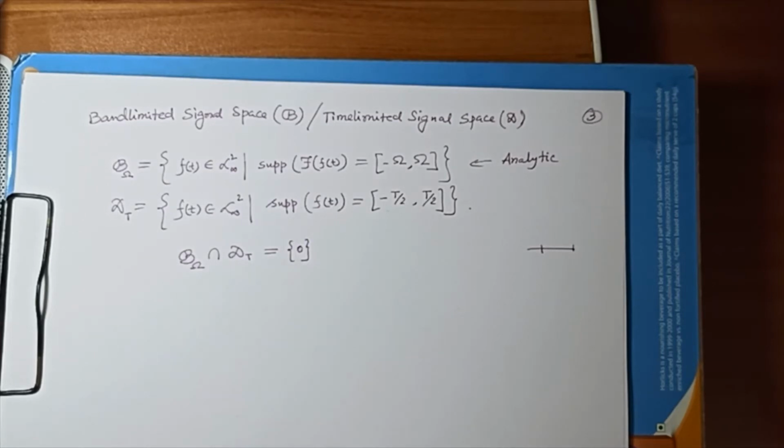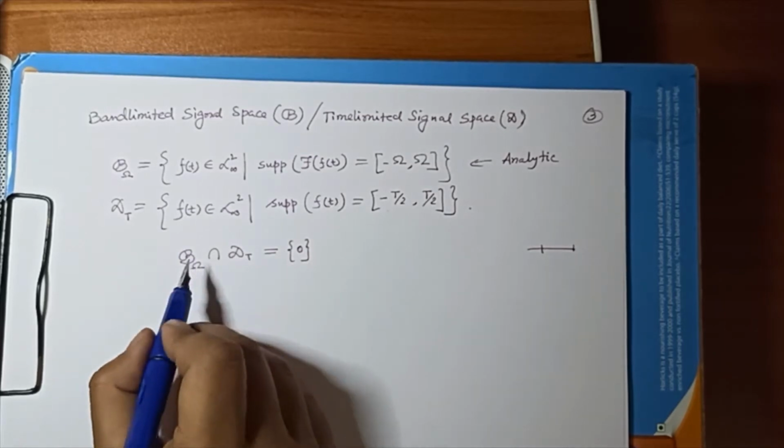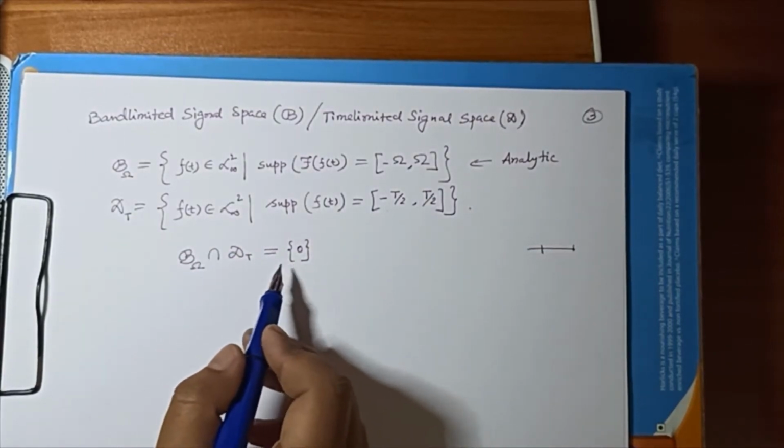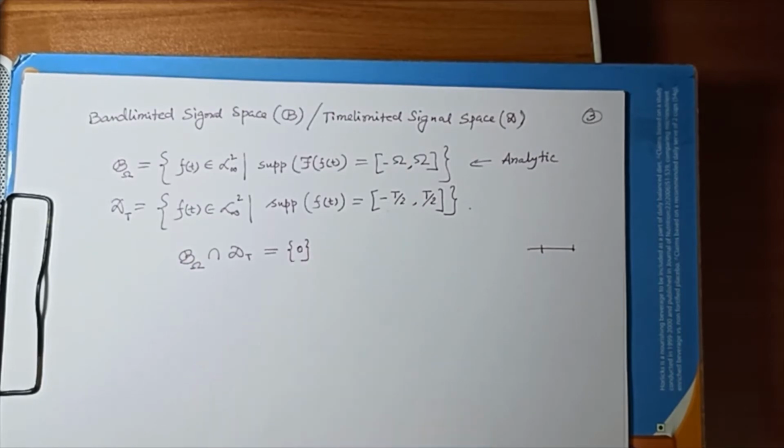Just go to your complex analysis book. I'm not giving you the exact derivation, that is beyond the scope of this particular course, but I'm expecting that you know that amount of complex analysis. Okay, so these two spaces overlap only on this trivial signal 0, nowhere else.